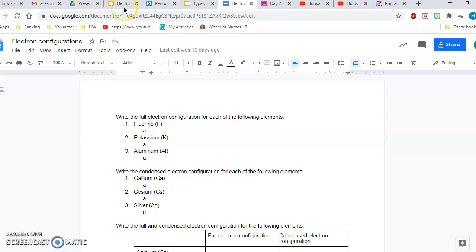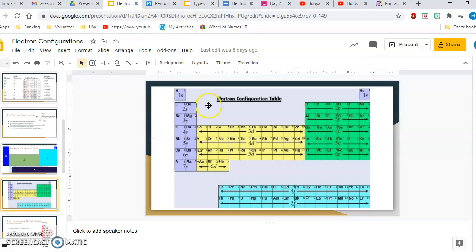For fluorine, we can go to our electron configuration table of the periodic table, find fluorine, which is over here, and then read our way through the table. So it would be 1s1, 1s2, 2s2, and then 2p, 1, 2, 3, 4, and 5. We stop at 2p5 because that is where fluorine is located, so we have reached the element we want.